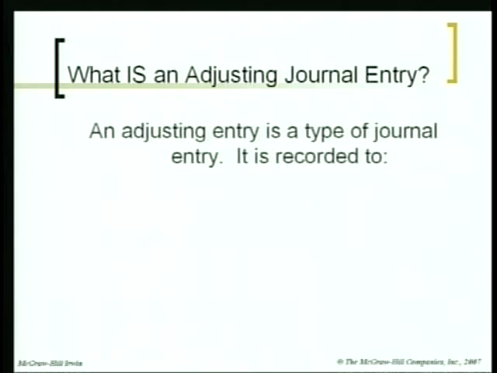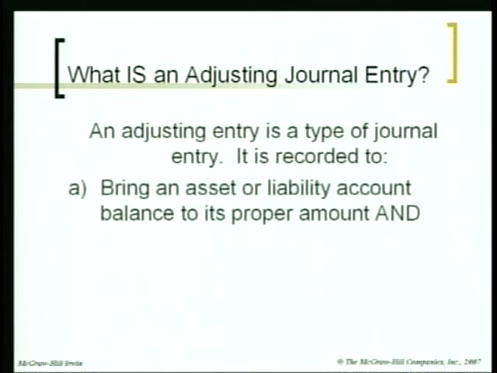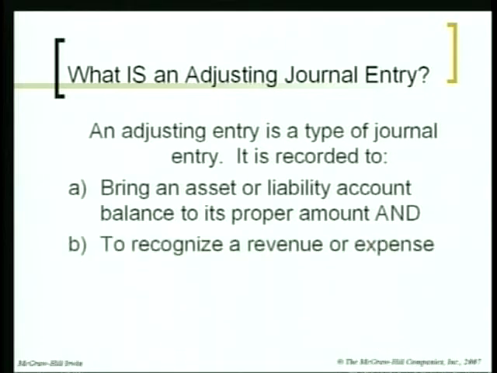The accounts being debited are listed first, and then the accounts being credited. It's listed with all the other journal entries. It's just a little bit of a special type of journal entry. It is recorded to do two things. It's going to bring an asset or liability account balance to its proper amount, and it's going to recognize a revenue or an expense.